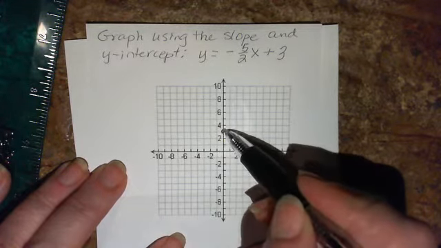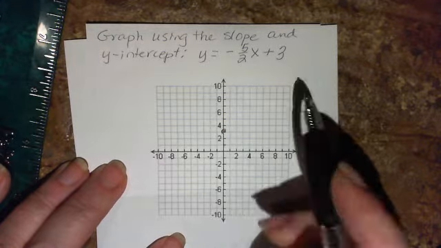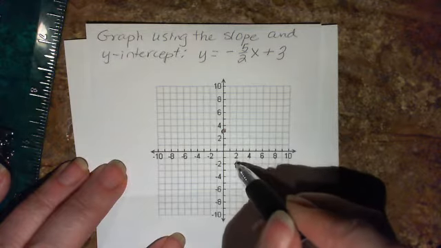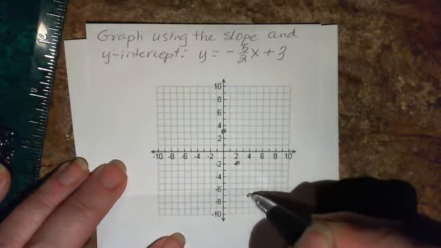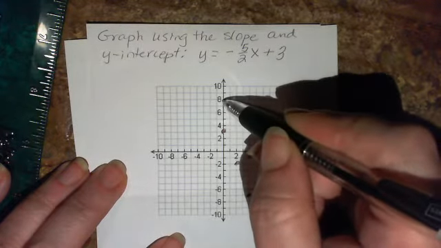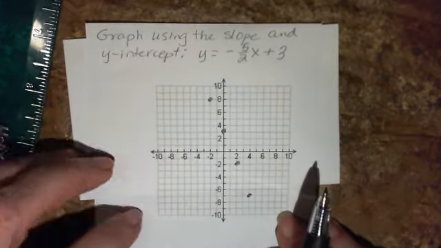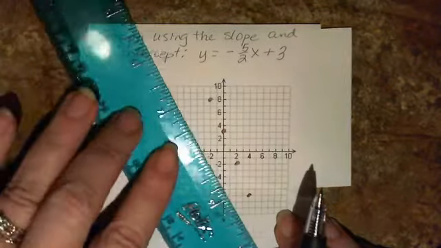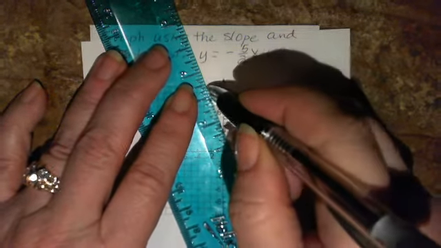So from the point we marked, down 5, 1, 2, 3, 4, 5, over 2, 1, 2. And again, down 5, over 2. And if you need to reverse it, up 5 and backwards 2, or to the left 2. Just a few points there so that you can confidently connect them with a straight edge.